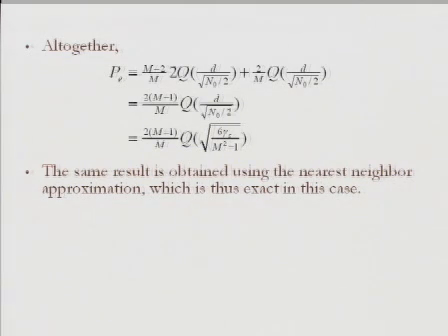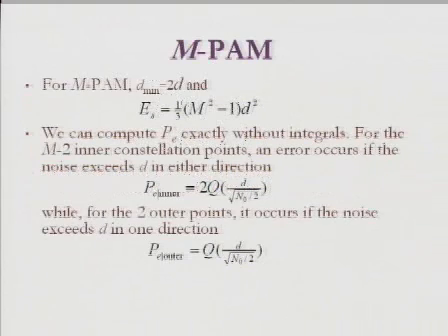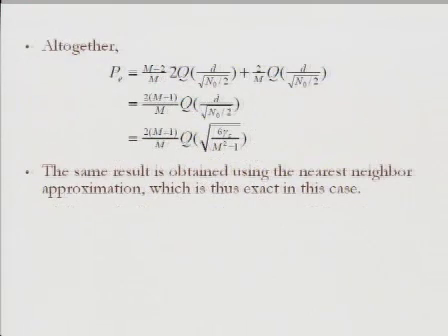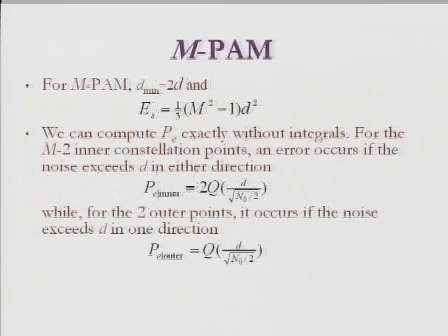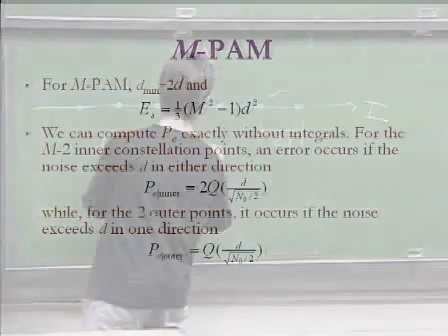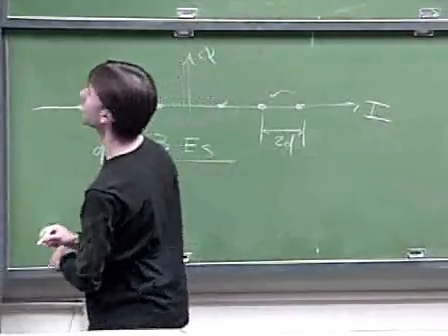Now, using this equation over here, we can relate d squared with Es. We can unravel this and say Es equals 1/3 (M squared minus 1) times d squared. So we have that d squared is equal to 3 times Es divided by M squared minus 1.